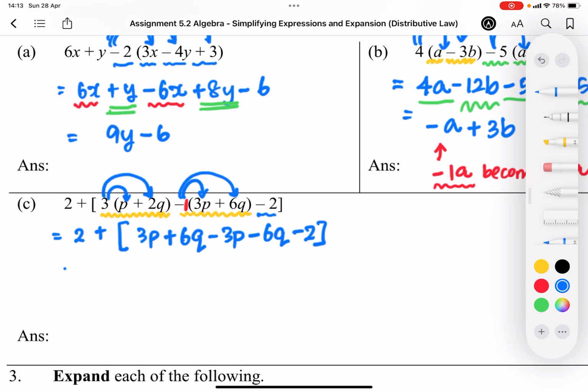Next, we have this. So the next thing is to simplify the terms. So let's look for our like terms first. You notice that actually our like terms are all 0 pairs. And so what is left behind is a negative 2. So as a result, 2 minus 2 will give us 0.